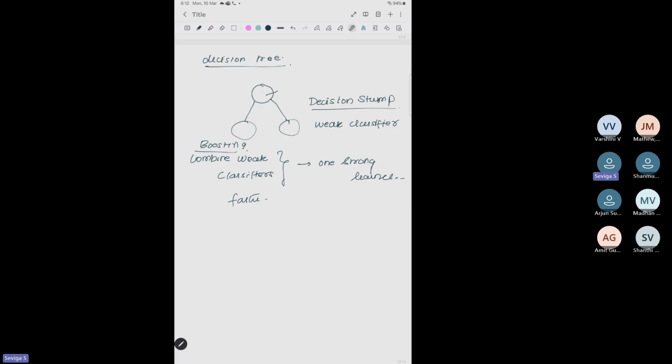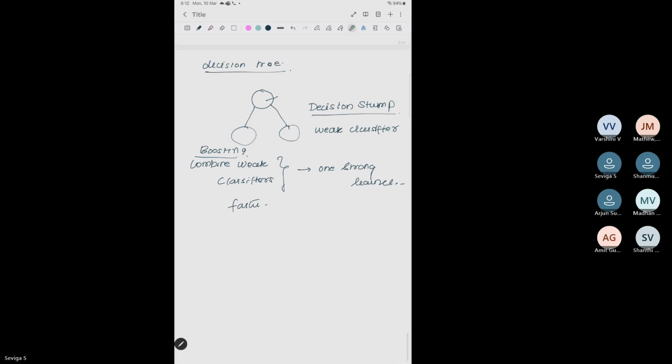So let's take one example. Here we have 2D data with two categories.